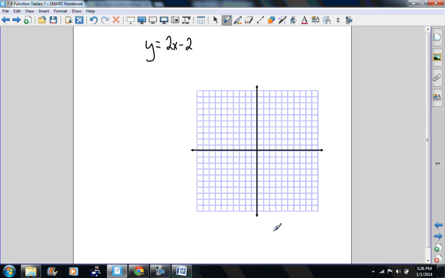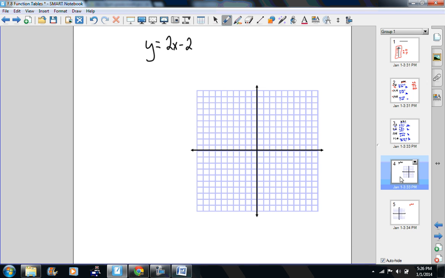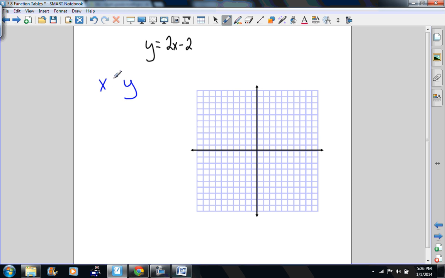Now, the last one is we have to take that equation on the top and we have to make a graph and then a table. Or, sorry, table and then a graph. So the first thing we do is we take our table that we started with and we go -2, -1, 0, 1, and 2.